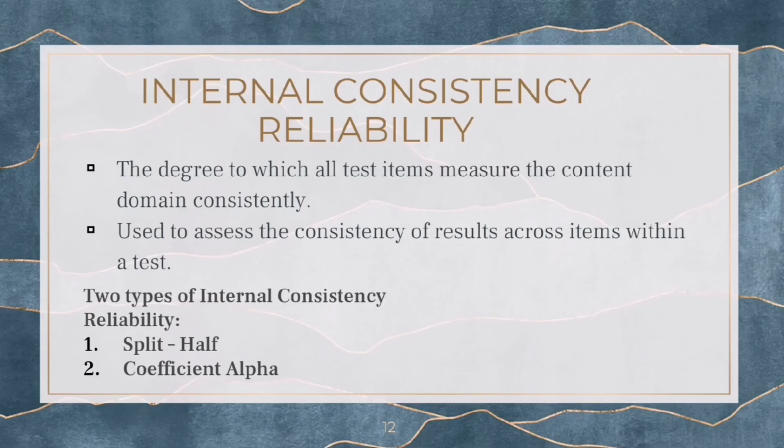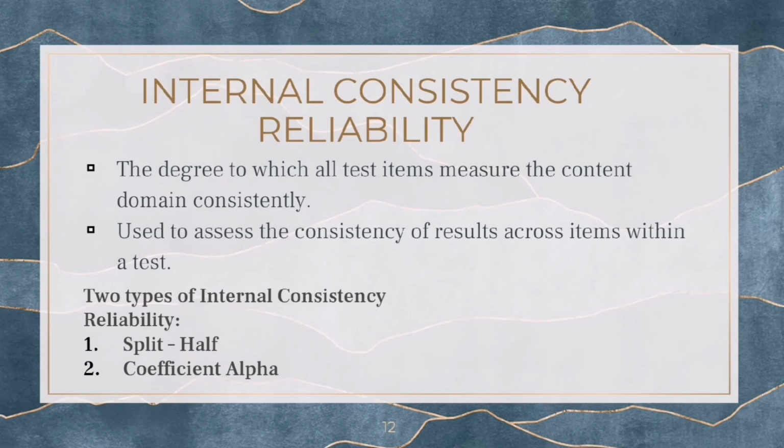It is the degree to which all the items measure the content domain consistently. It is used to assess the consistency of results across items within a test. Internal consistency reliability indicates the extent to which items on a test measure the same thing.